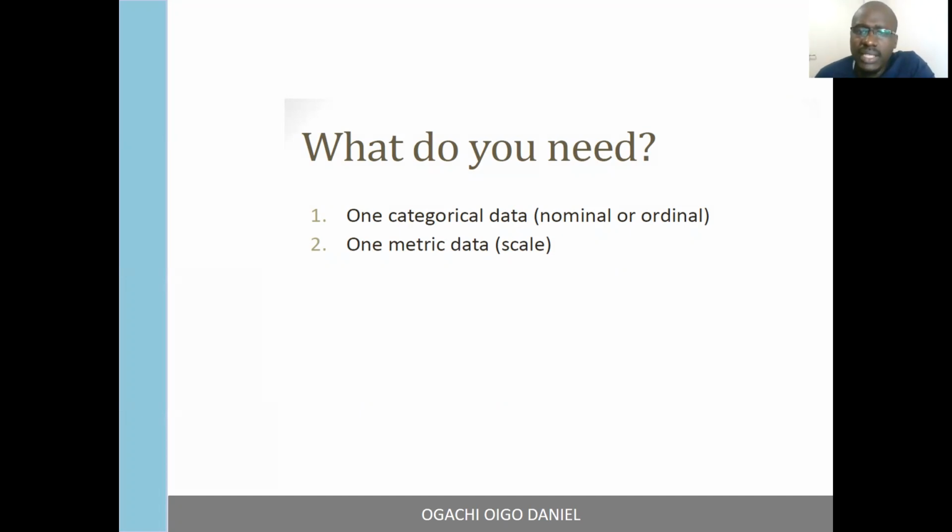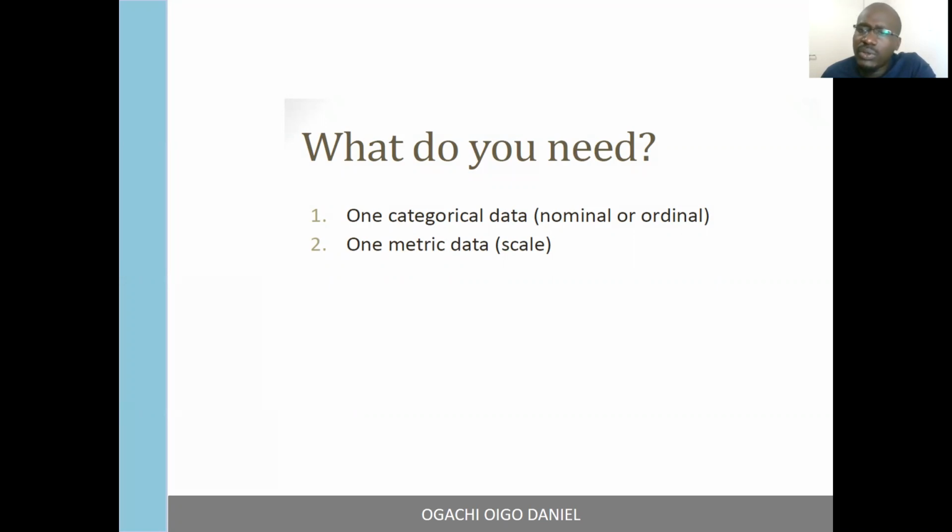For us to test a hypothesis, we need one categorical data, which is nominal or ordinal, and one metric data scale. When we talk about nominal, it's just data that can be given specific responses which do not follow any order. For example, gender, male or female, is nominal.